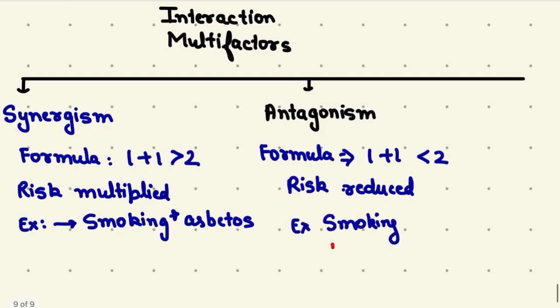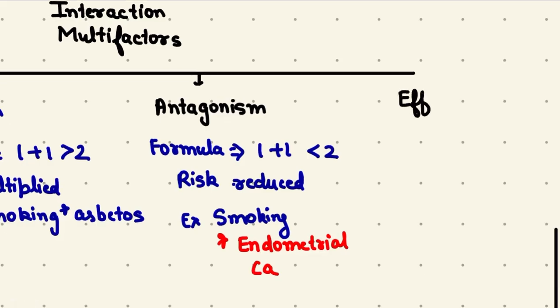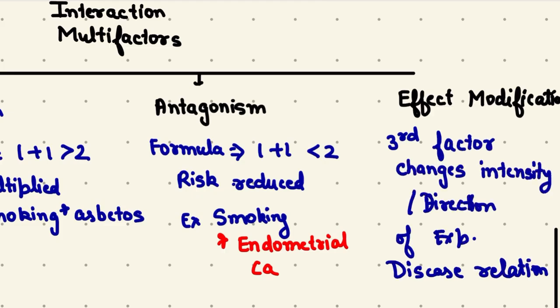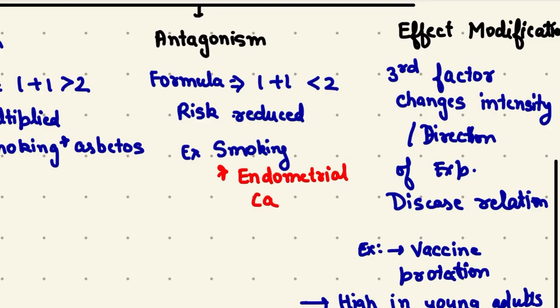For example, smoking reduces endometrial cancer. Then we have another interaction, that is effect modification, where a third factor changes the direction or intensity of the exposure disease relation. For example, vaccination is more protective in young adults.